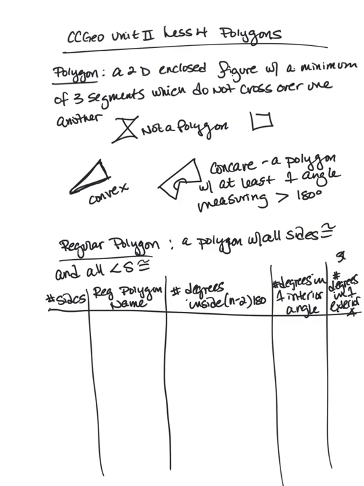Okay, this formula for the number of degrees in one exterior angle is 360 divided by n. Hold on, I don't like the way that n looks. 360 divided by n. There you go. That looks better.